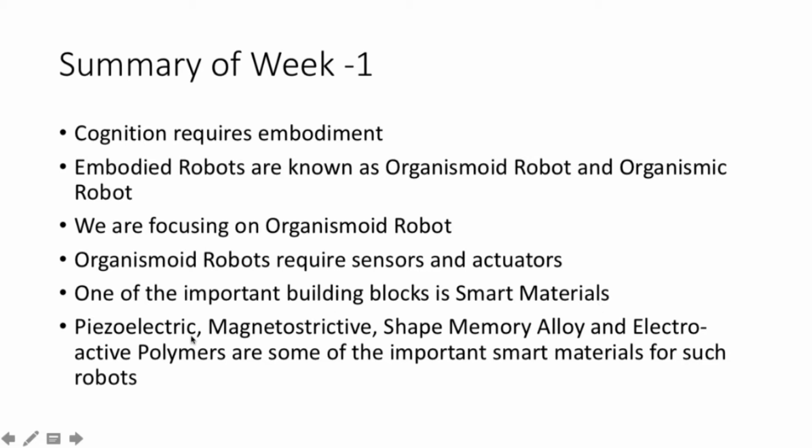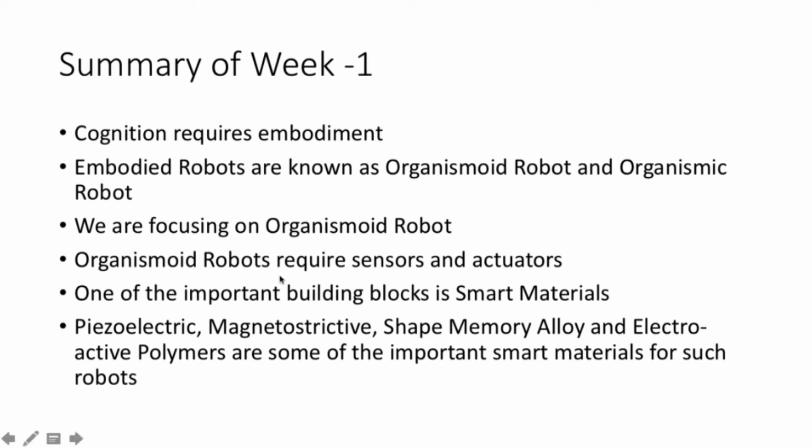That's why I told you about 4 different types of smart materials which can be used for sensors as well as actuators: piezoelectric smart materials, magnetostrictive smart materials, shape memory alloys, and electroactive polymers. If you remember, the last two, shape memory alloys and electroactive polymers, can be used to develop artificial muscles which can have an agonist-antagonist structure.